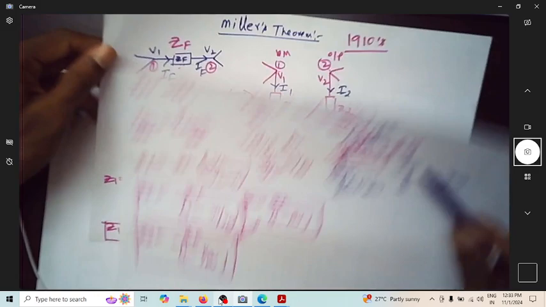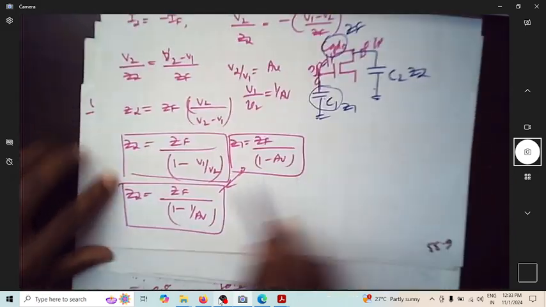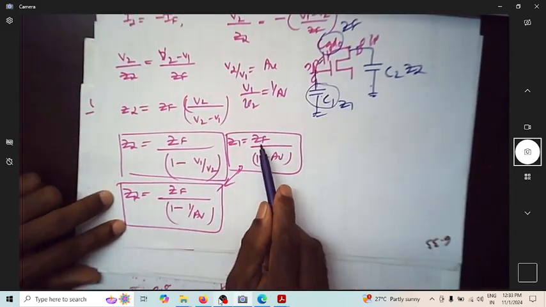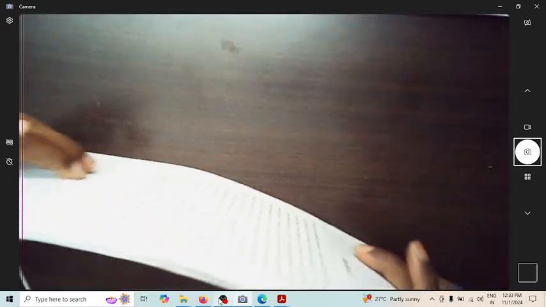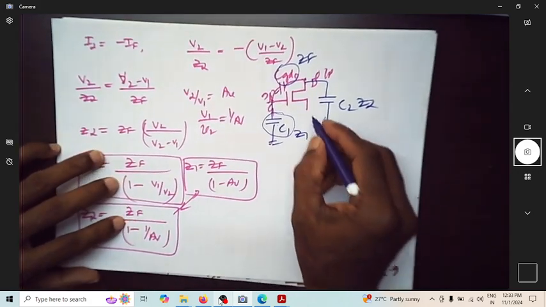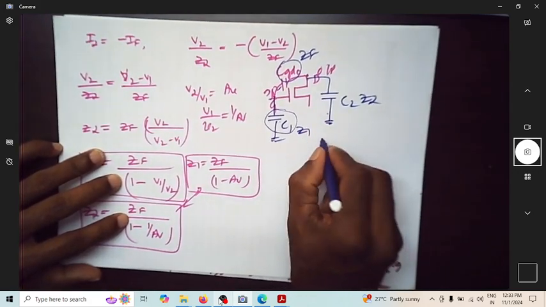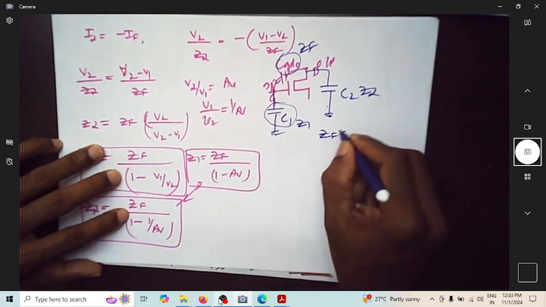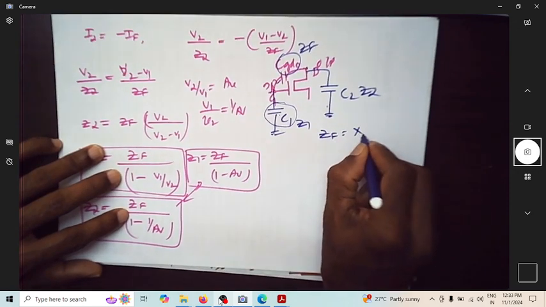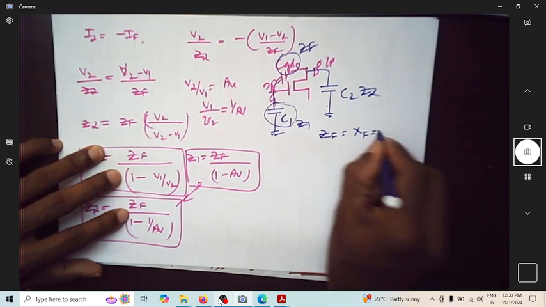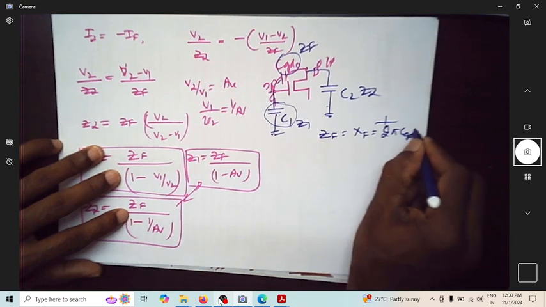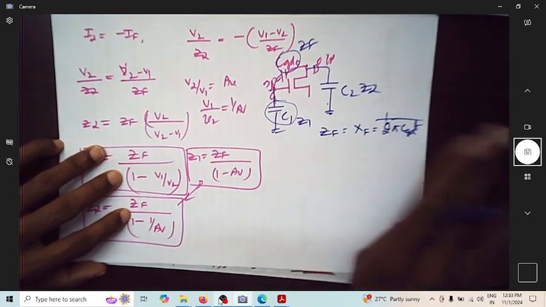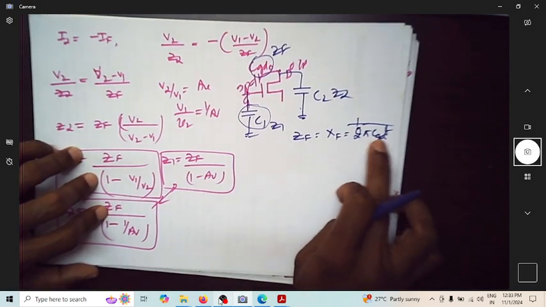Now we know the expression for Z1, Z2 in terms of ZF and AV. So in this case, ZF is actually equal to XF, which is nothing but 1 over 2 pi CGD into F. So let me not write CGDO. This is a capacitance in general between gate and drain.